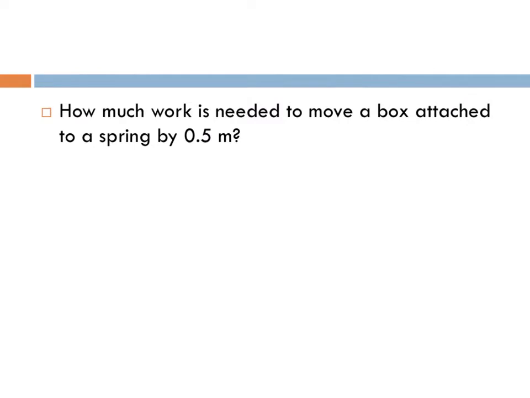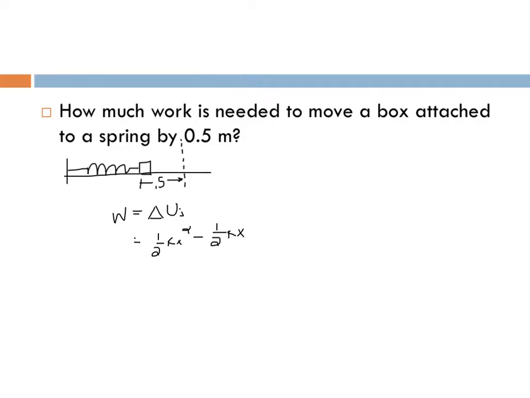Now, this is also true if we think about springs. This problem says how much work is needed to move a box attached to a spring by 0.5 meters. Again, the work that I need to do in order to move the box 0.5 meters is going to be equal to our change in spring potential energy, which is equal to my final spring potential minus my initial spring potential, which in this case happens to be 0.